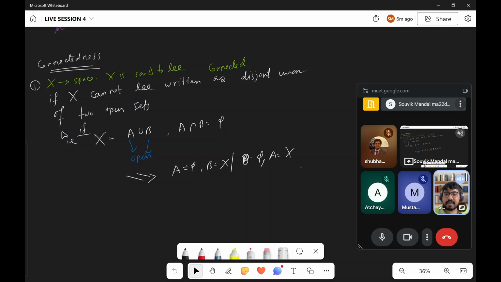That means if X is A union B, where A and B are disjoint and open, then one is empty and the other is the whole of X, and vice versa. So that's what connectedness means.